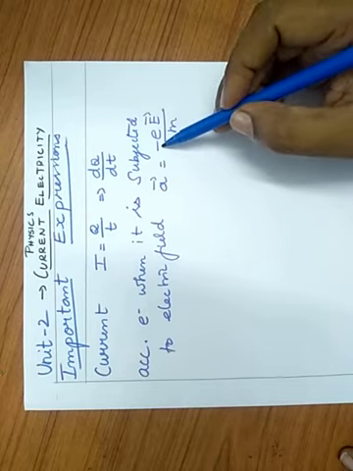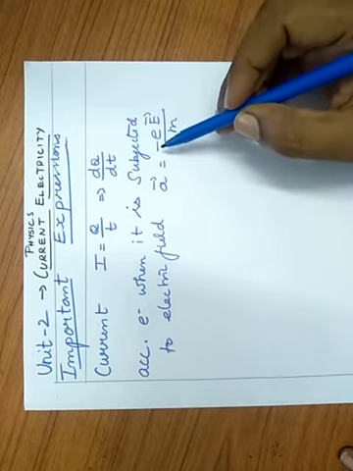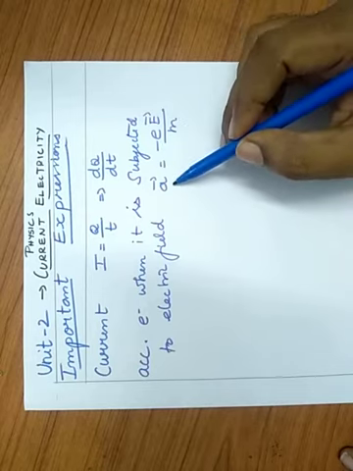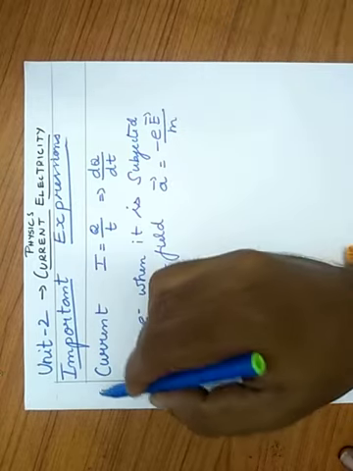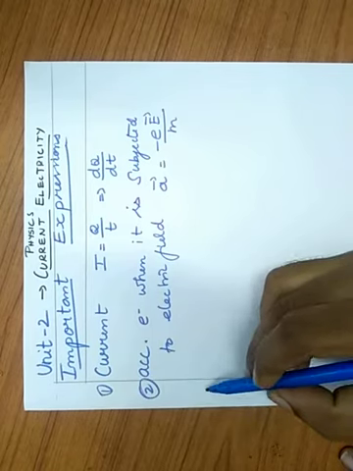Here this minus sign represents that the direction of the electron flow is opposite to the direction of the electric field. Okay, first one, second one, then third one.